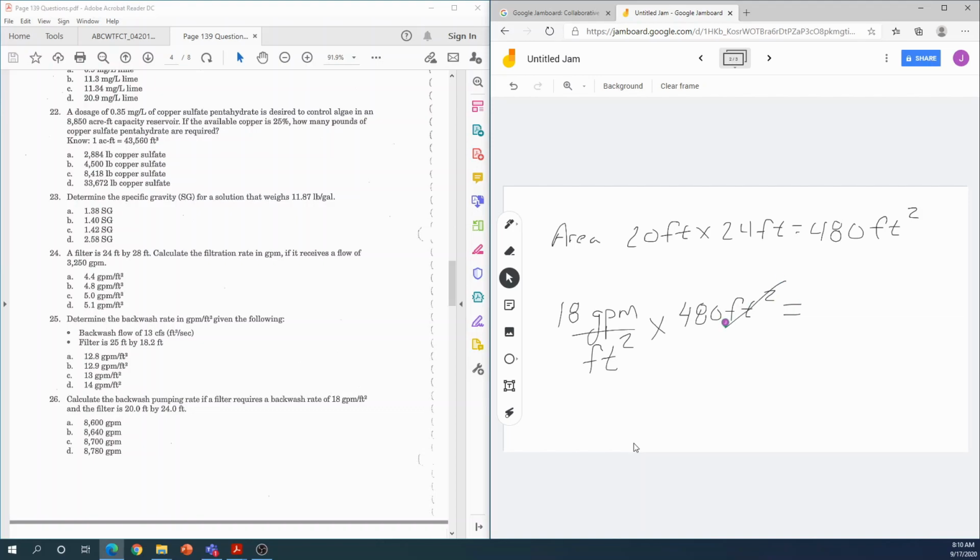So feet squared and feet squared are going to cancel. Multiply this through, we're going to get 8,640 gallons per minute. So again, all we're doing here is tracking our units.